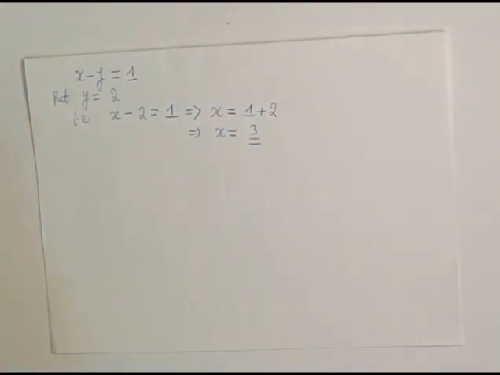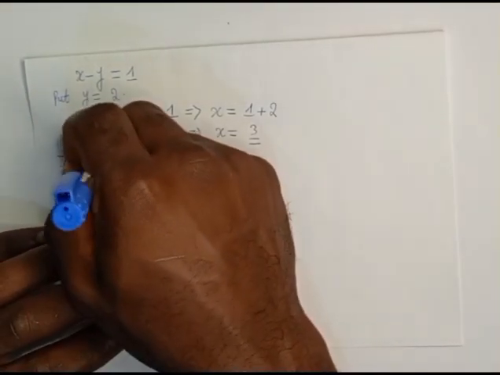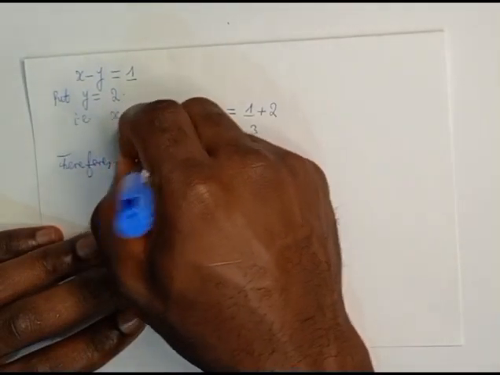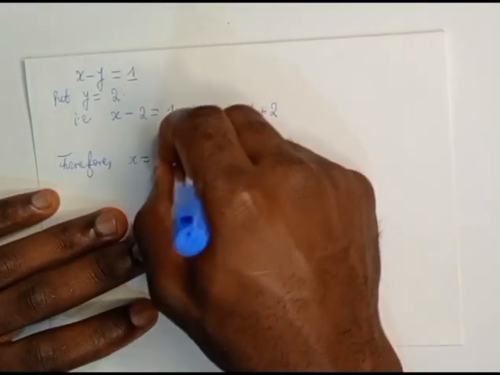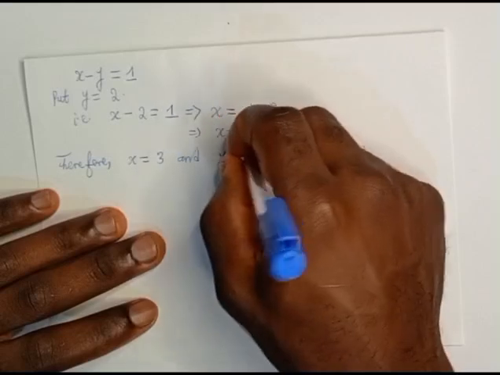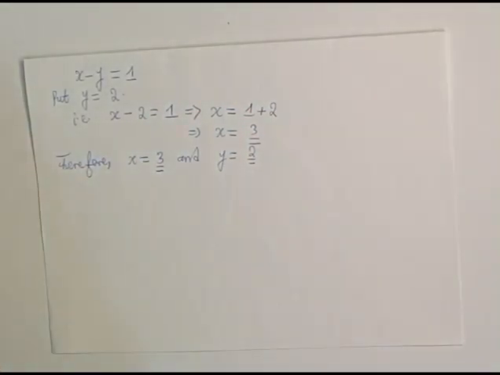Knowing the values of x and y, we can calculate the area of the given rectangle. Let's conclude, therefore, x is equal to 3 and y is equal to 2. We underline the result. Now, knowing the values of x and y, let's find the length and width of the above rectangle.